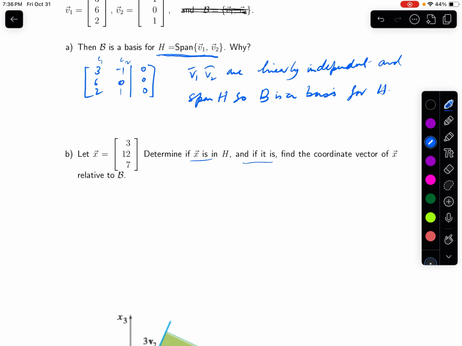From here I get C1 is equal to 2 and C2 is equal to 3. So which is giving us two things. One is that yes, X is in H. Then the system is consistent.